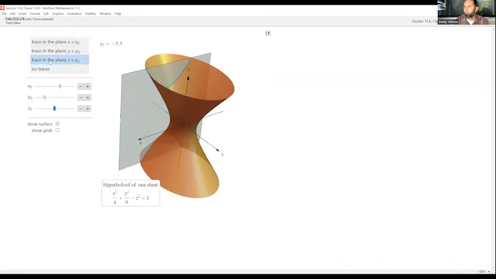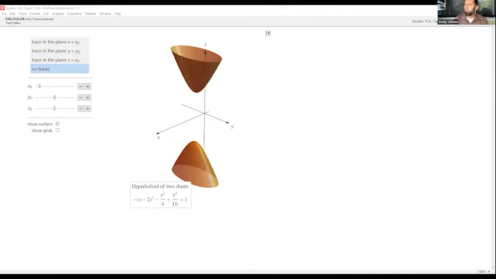And if we look at traces in the plane z equals z naught, or parallel to the xy plane, you'll get nice ellipses or circles, depending upon the case. So this is a hyperboloid of one sheet. It's one sheet because it's one continuous thing. There's not a gap in the middle, if you will. That's the hyperboloid of one sheet.